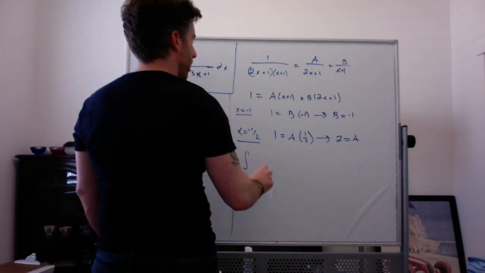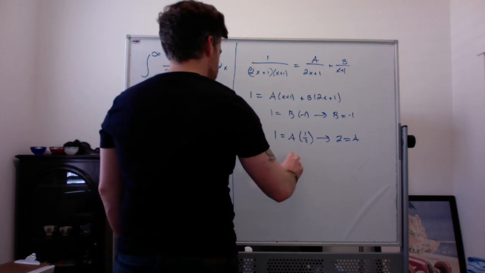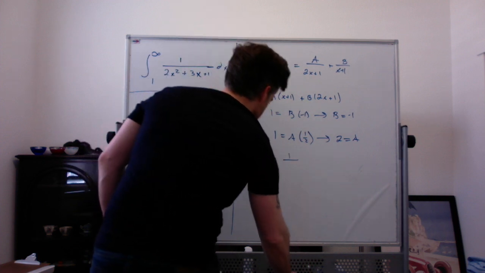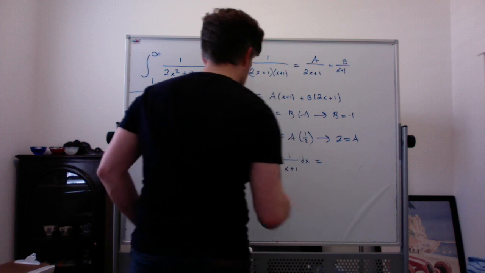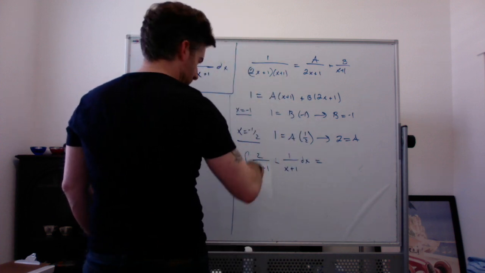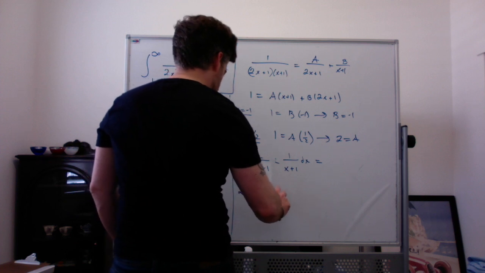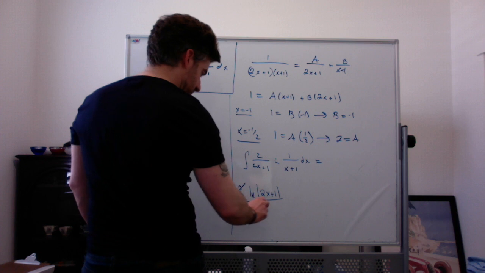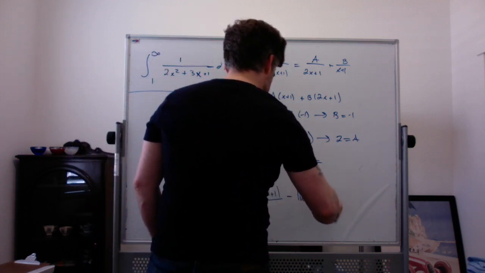The integral of 2 over 2x plus 1, minus 1 over x plus 1. Ignore the 2. The integral of 1 over 2x plus 1 is the natural log of the absolute value of 2x plus 1 divided by 2. Those are going to cancel. Minus the natural log of the absolute value of x plus 1.